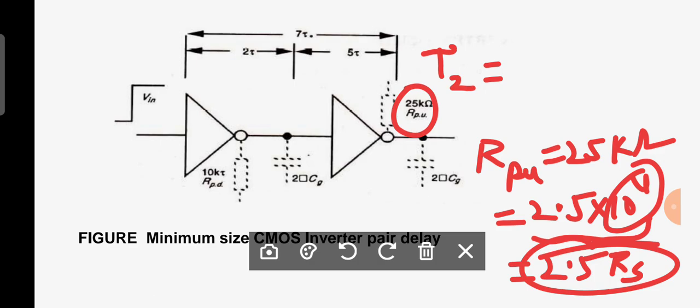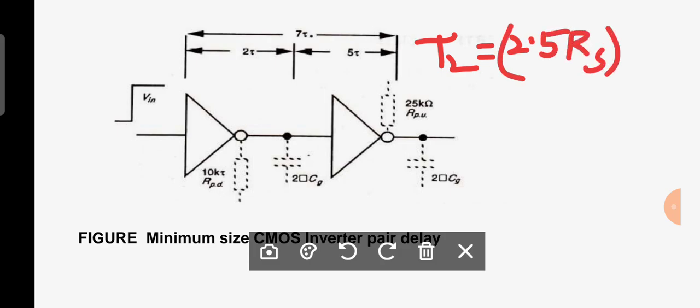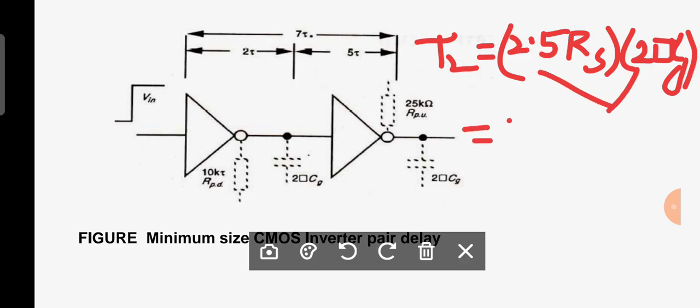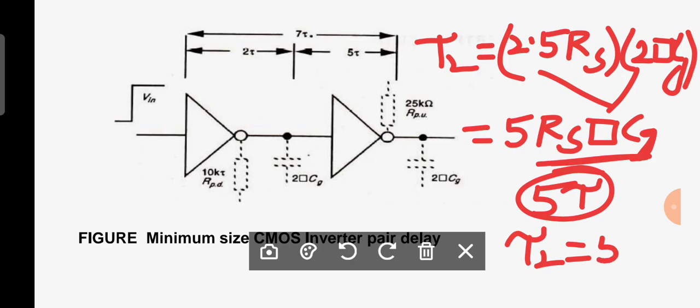Now how to determine the delay? The delay of the second stage is 2.5 Rs into 2 standard units of gate capacitance. Then 2 into 2.5 becomes 5 Rs into the standard unit of gate capacitance. Then Rs into the standard unit of gate capacitance is tau, so that is 5 tau. That means the second stage delay is 5 tau.